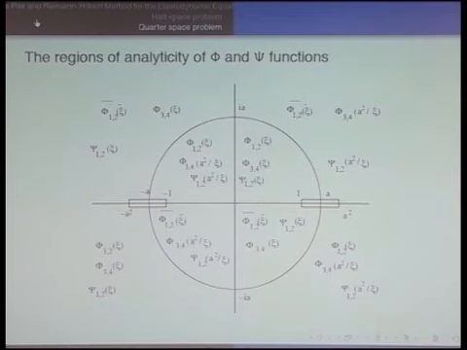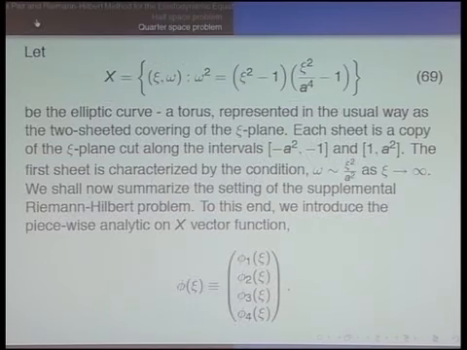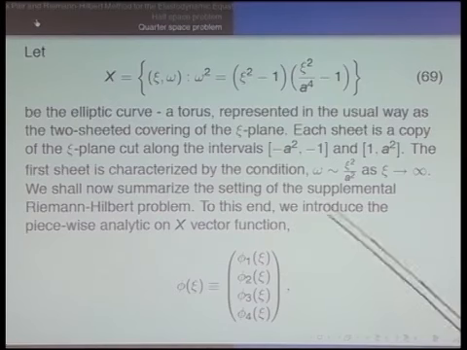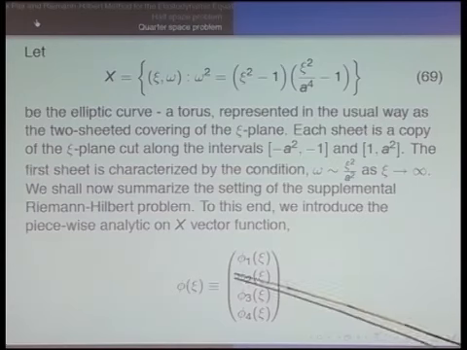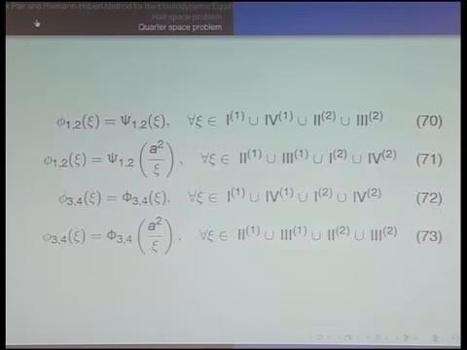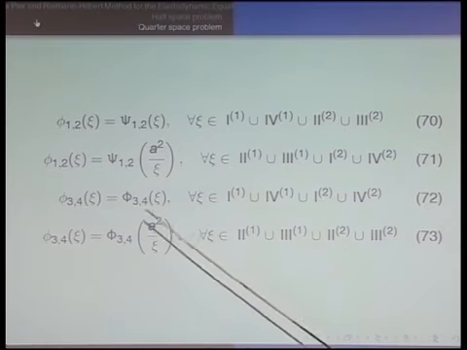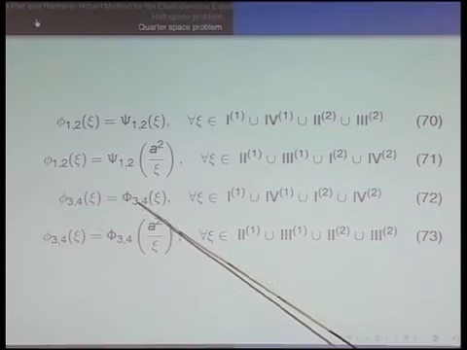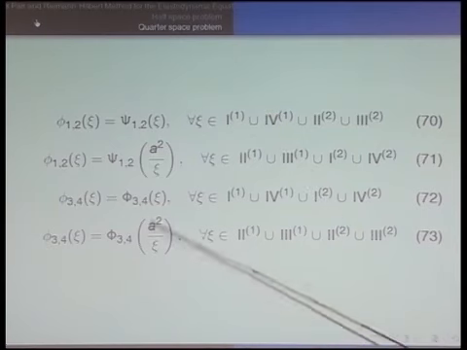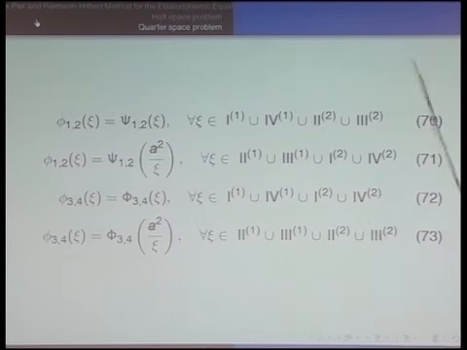In a formal way, it is formulated on that slide. We are working already on the elliptic curve, the torus, and we introduce the new auxiliary function with 4 components, and these 4 components are expressed in terms of the 2 phi functions which we could not eliminate on the real line, and in terms of the psi functions.